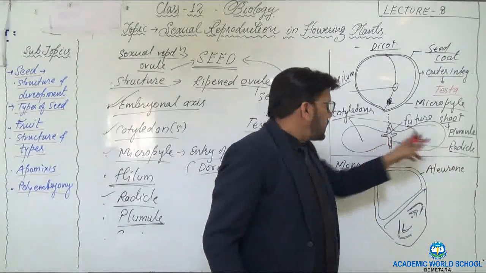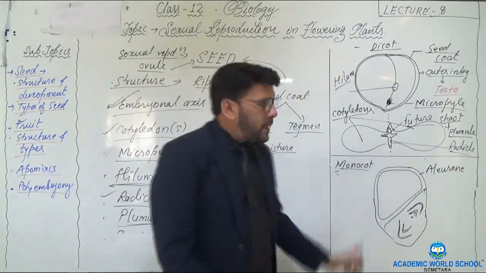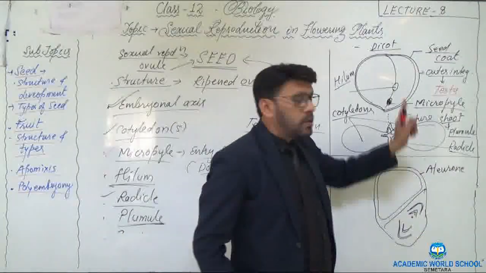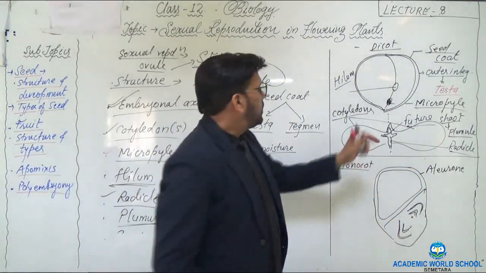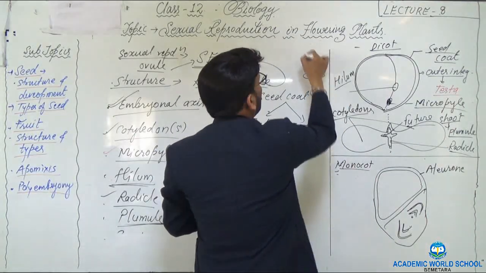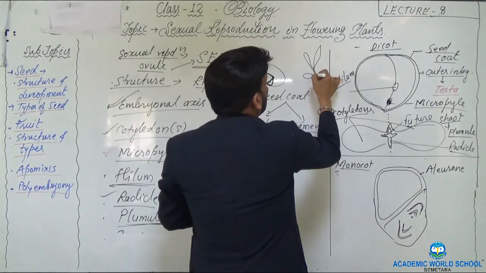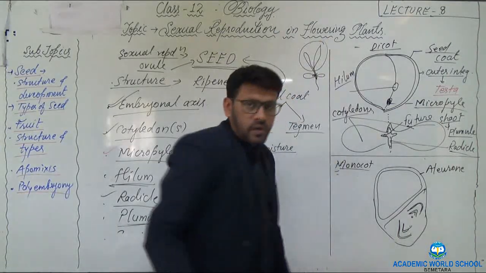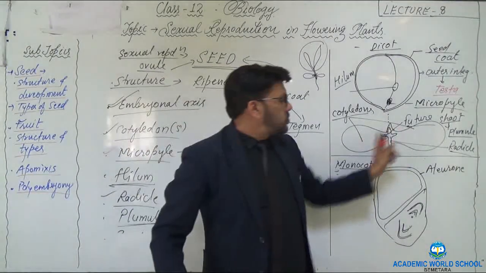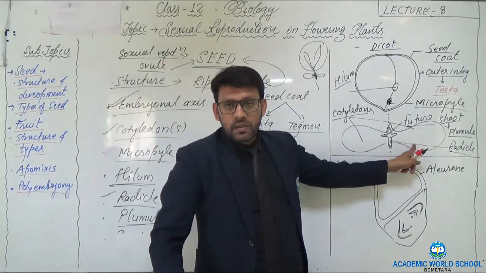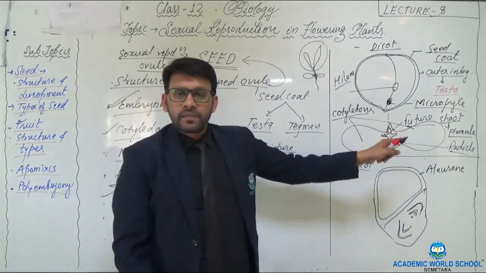Yes? So these two cotyledons keep on providing nutrition to the radicle and plumule until, when you germinate it, you see that it becomes a plant with two leaves. Until these leaves are formed, these two cotyledons keep on helping these seeds by providing the nutrition.